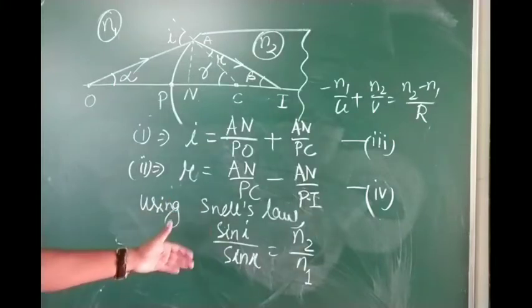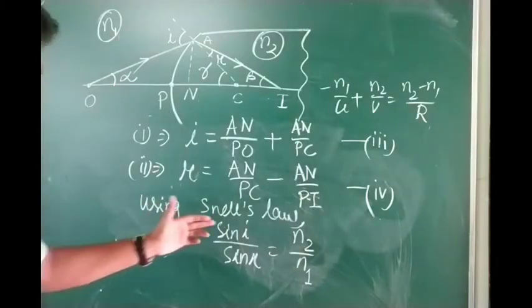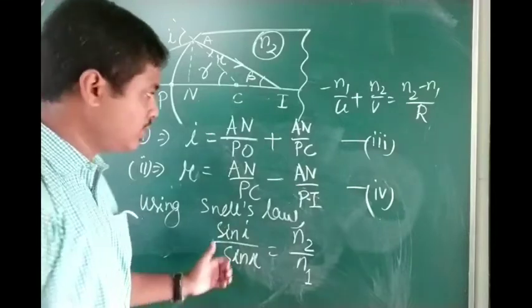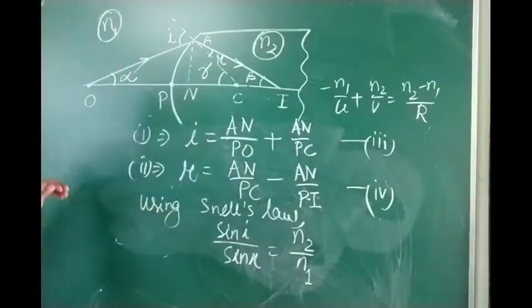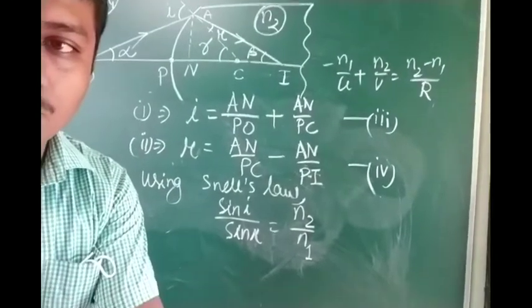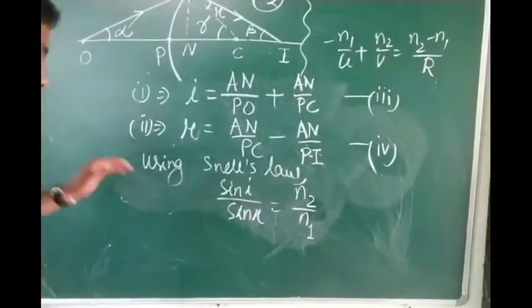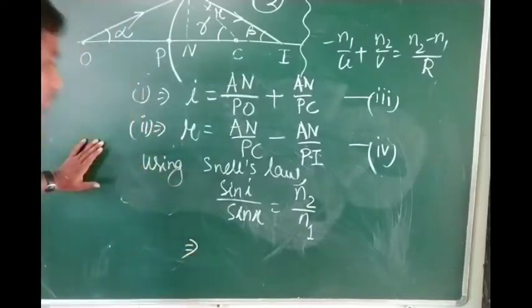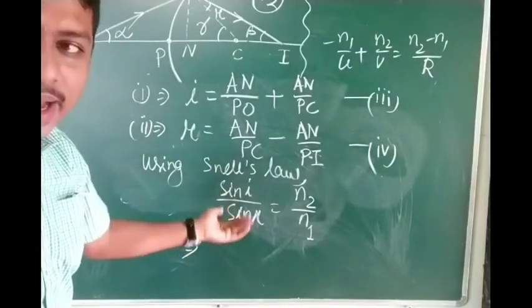Clear? Now you put the values of I and R in this equation. So if I put the value of I, I am cancelling the sine, because the angles are small.